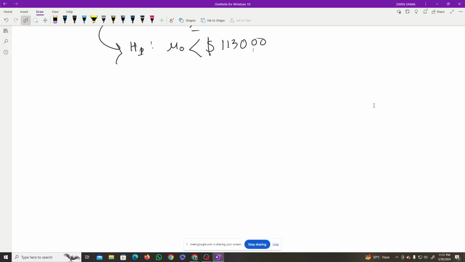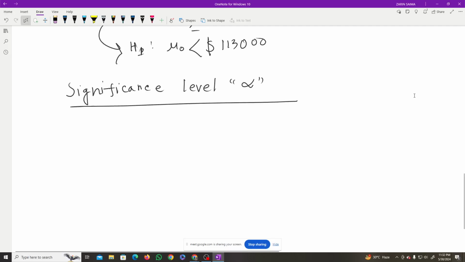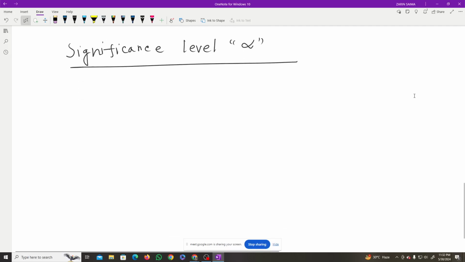Now let's talk about significance level, known as alpha. So what is the significance level? The significance level or value.